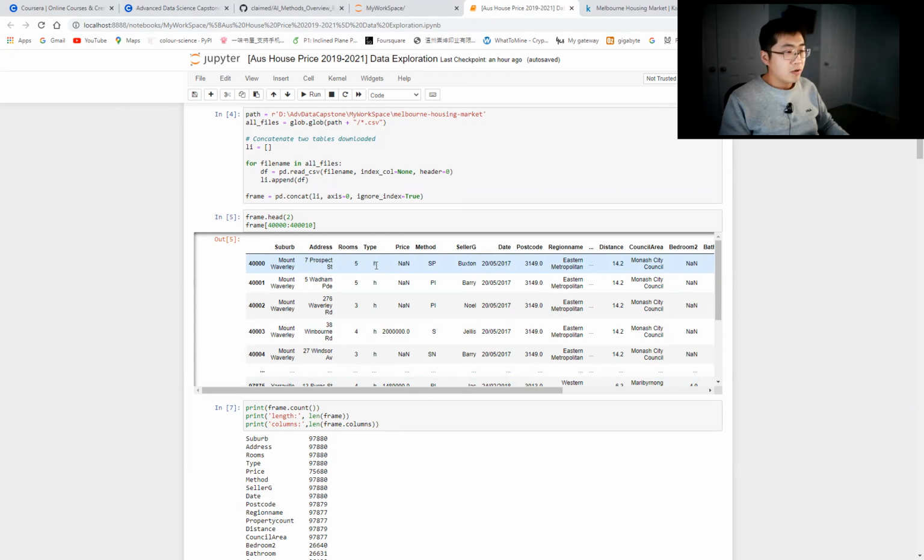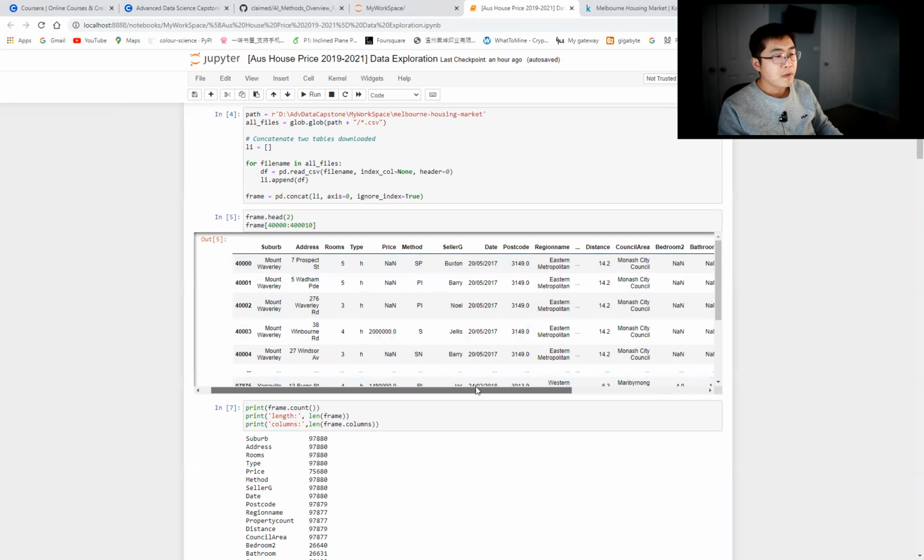The price, of course, that's the target we are going to predict in this model. Methods refers to, according to the website, how it's being sold. For example, it's sold before auction or sold on auction or after auction, which indirectly reflects the popularity of the property. Seller group, which is the agent.